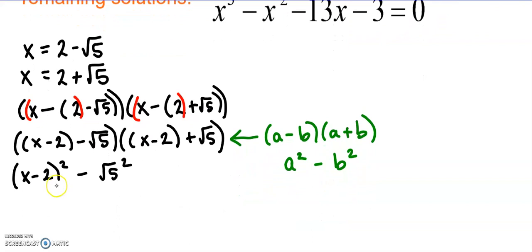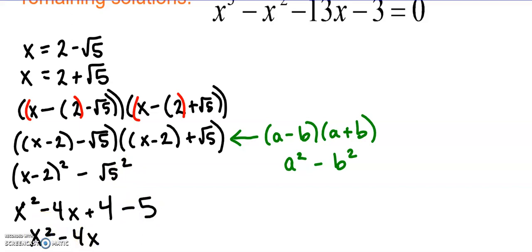Okay. Well, if I multiply that out, I get x squared minus 4x plus 4, and root 5 squared is just 5. Okay. Not bad, not bad. So I know that x squared minus 4x minus 1 has factors that are these two up here.